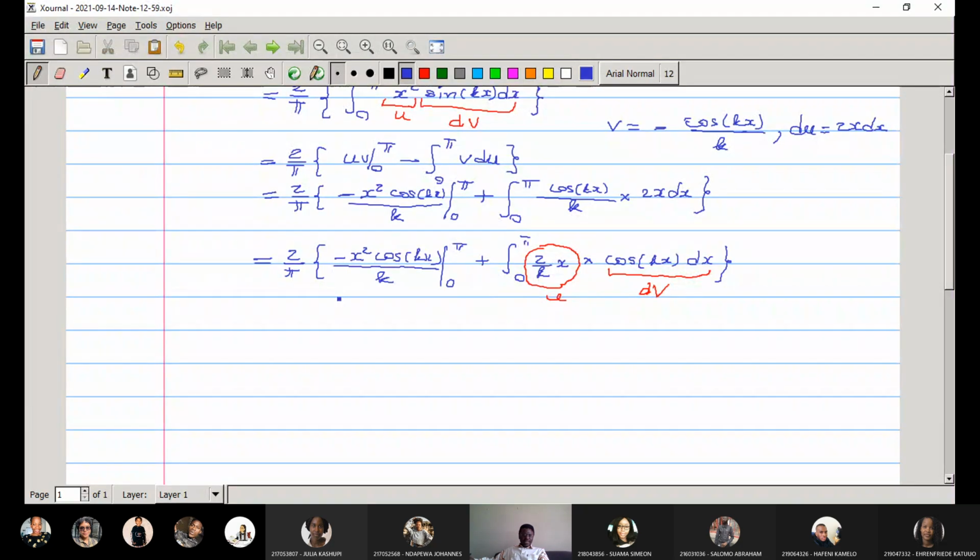Okay, so now we can compute that directly. So this will be equal to what? 2 by pi, you can keep that. Okay, now we have plus uv.